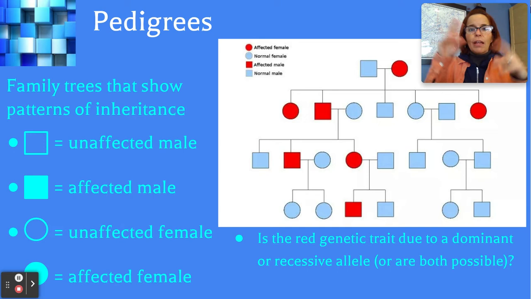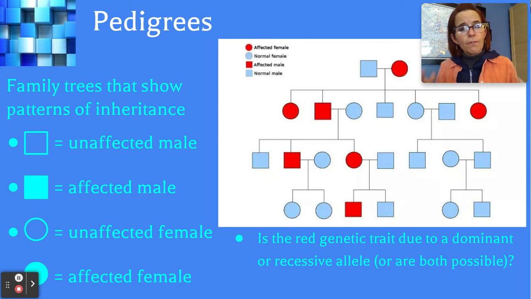And so that would be capital N. And then lowercase n means they have the recessive trait. So everybody who is red here would be little n, because they don't have the dominant trait, and we're saying that it's a recessive. We're experimenting. We're thinking, could this be a recessive trait? If it is, everybody who's red is little n. I hope I explained that well.